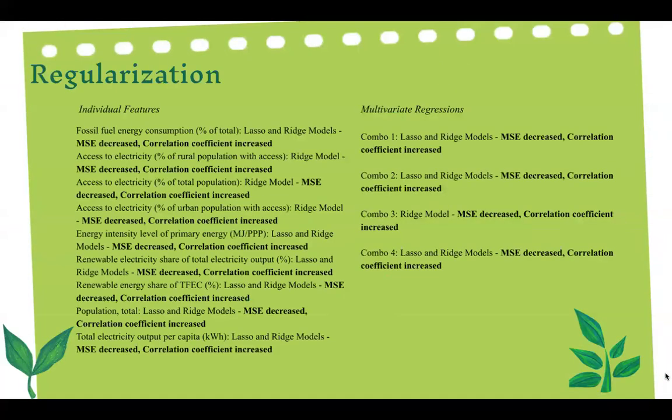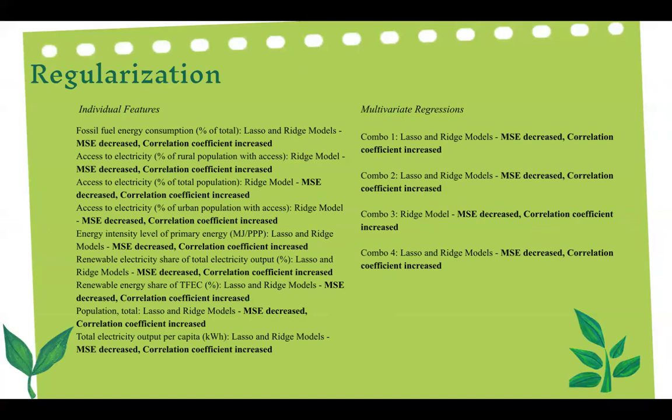For the individual features, we found improvements made using both the lasso and ridge methods for fossil fuel energy consumption, energy intensity level of primary energy, renewable electricity share of total electricity output, renewable energy share of TFEC, population total, and total electricity output per capita.